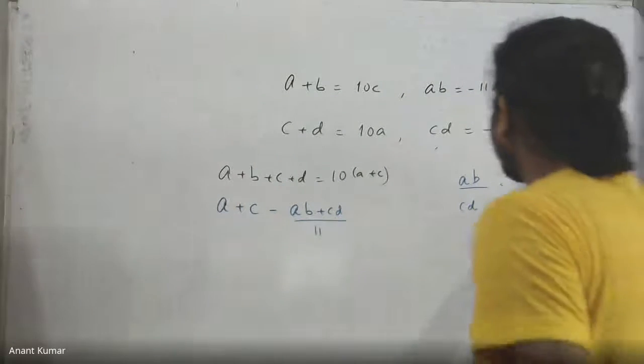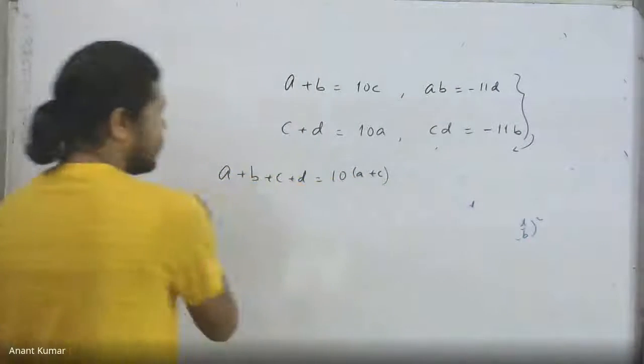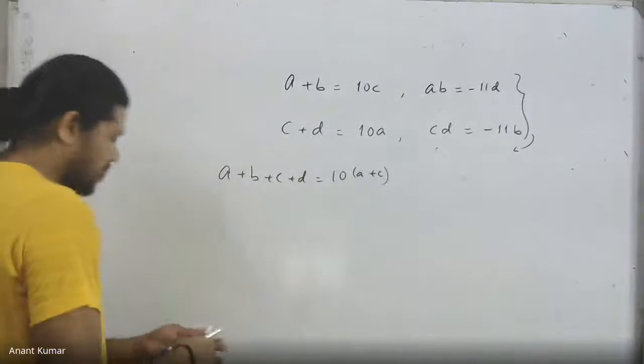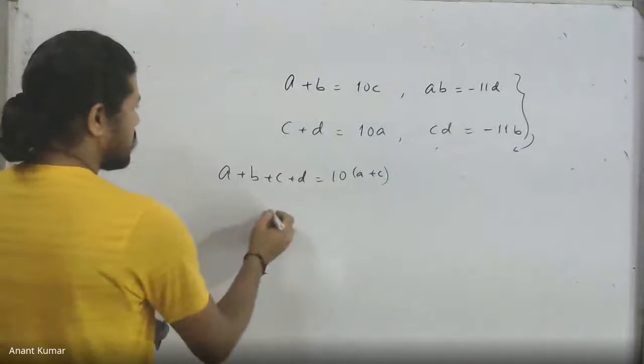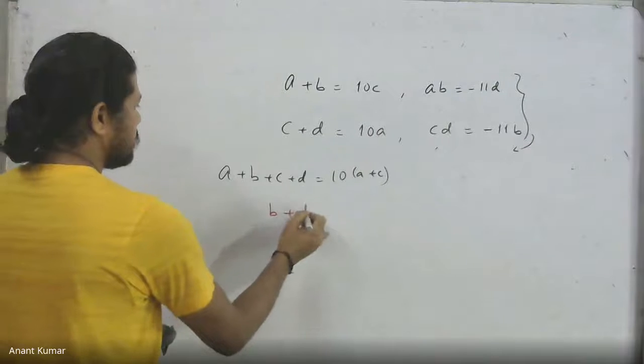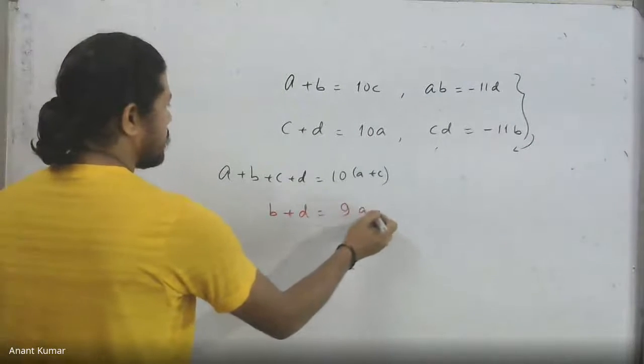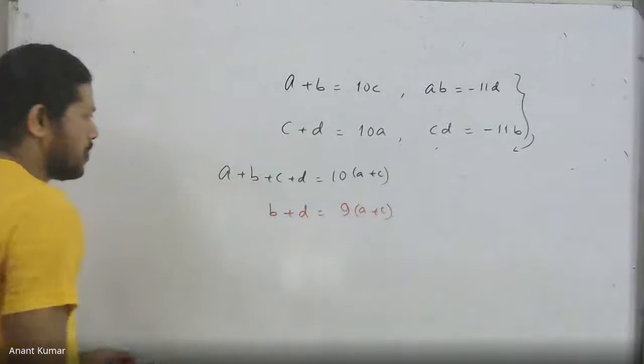This one gives us B plus D equal to 9 times A plus C, actually. That's the relation we have.